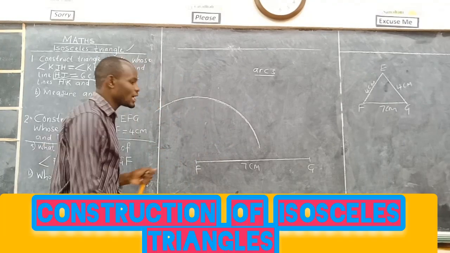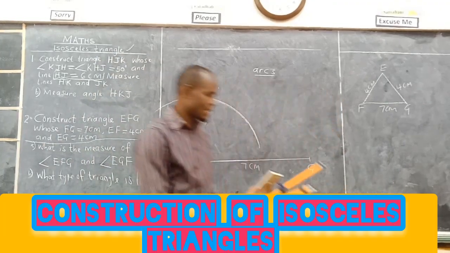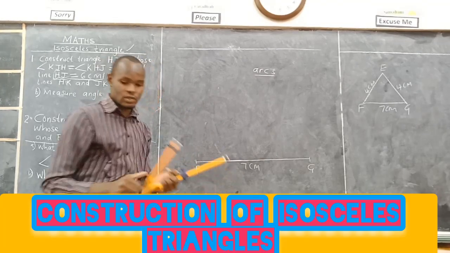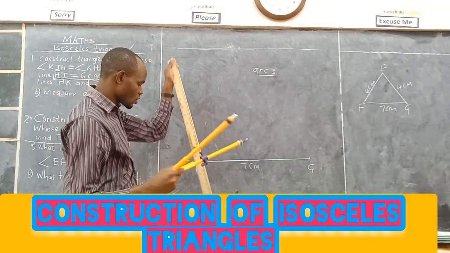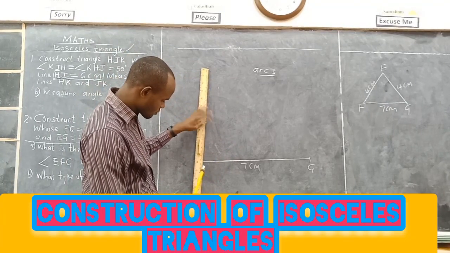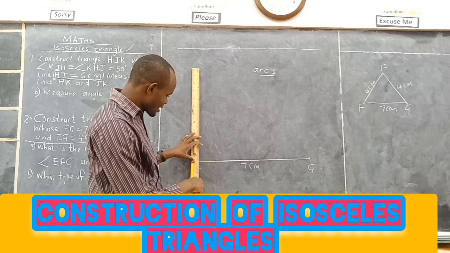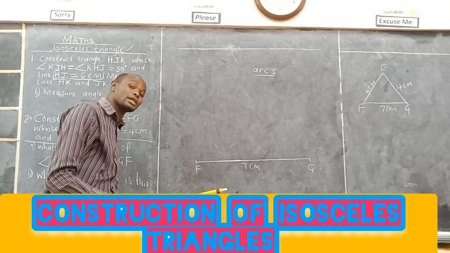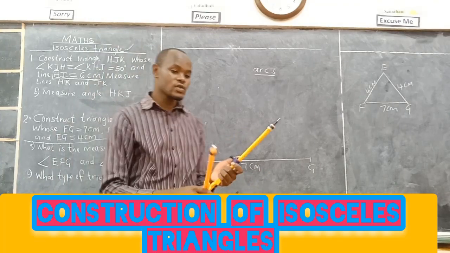Make sure you are only using one arc. If you make many arcs, you just repeat. Make sure your measurement is alright. My friend, make sure you are accurate, because if you don't use accurate measurements, you are going to get inaccurate results.